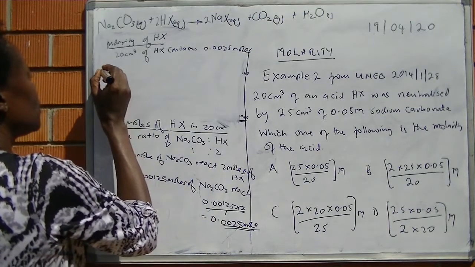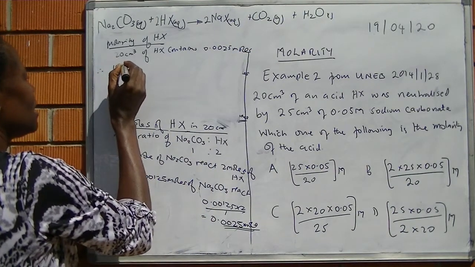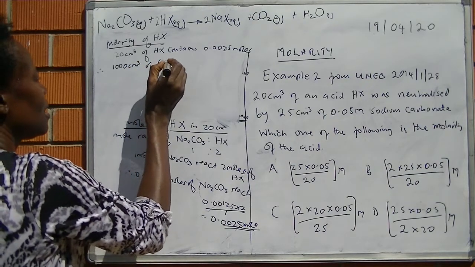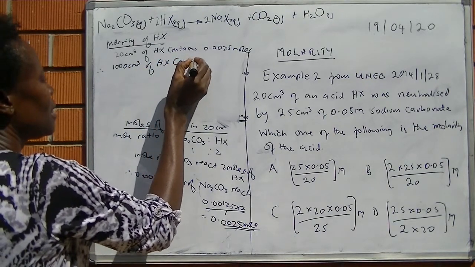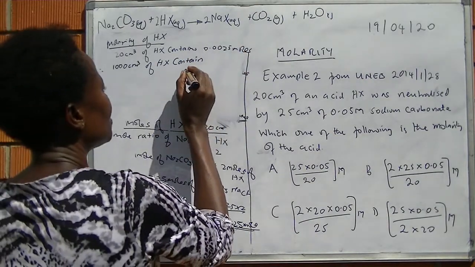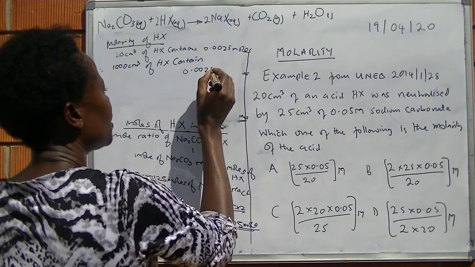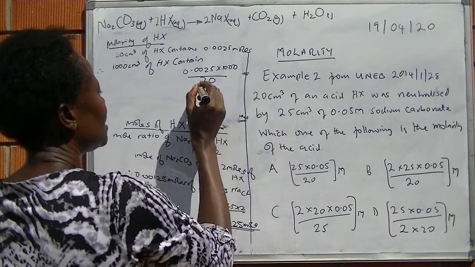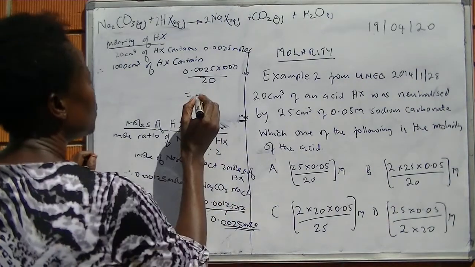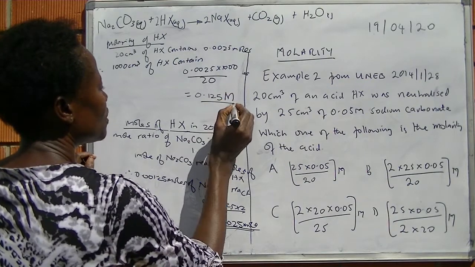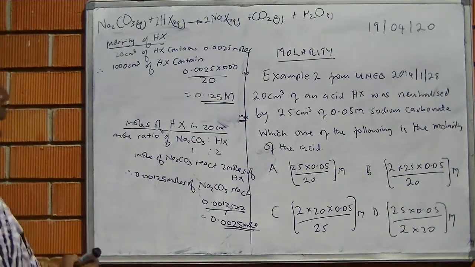What about 1,000? 1,000 cubic centimeters of the acid will contain, we cross multiply and then divide by, which is 0.0025 times 1,000 over 20, which is equal to 0.125 capital M, because capital M means molarity.